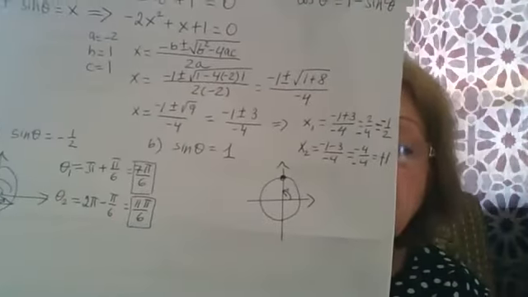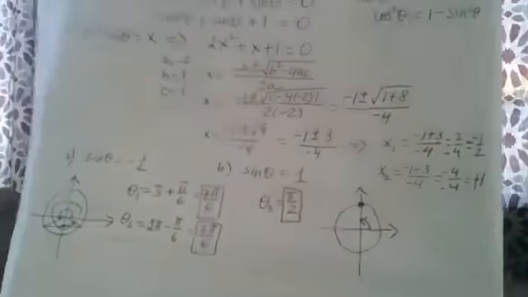And now I am moving to the second case. Sine equal to 1. Sine equal to 1 is at its maximum. I have here only one answer, which is theta equals pi over 2.